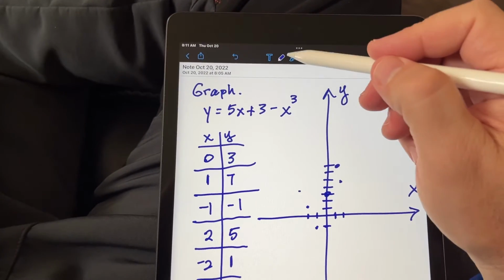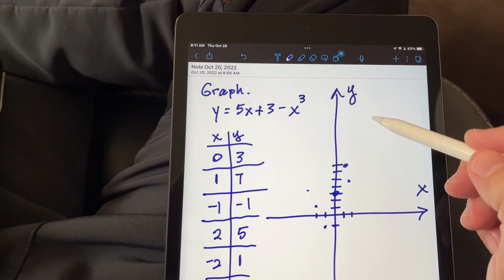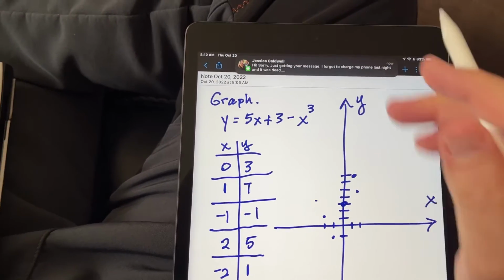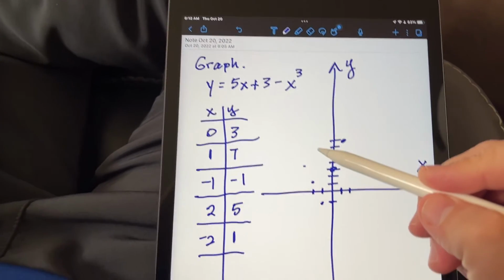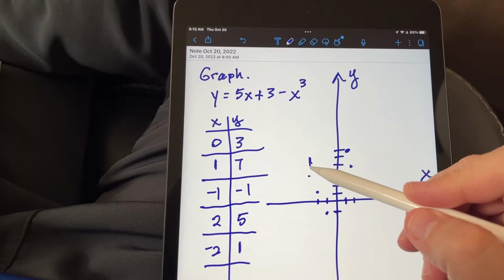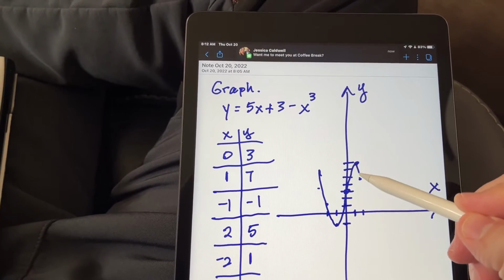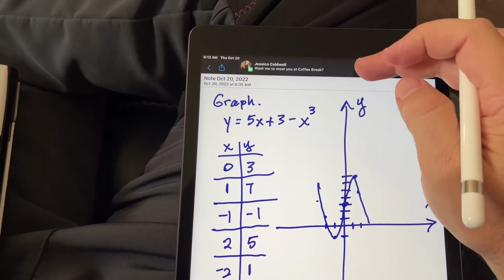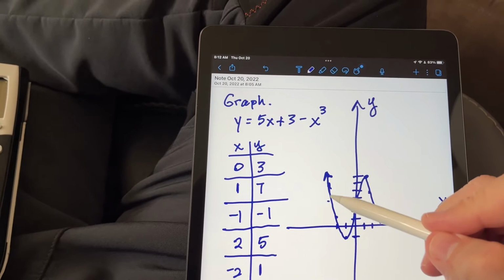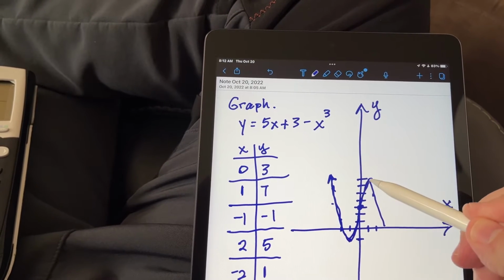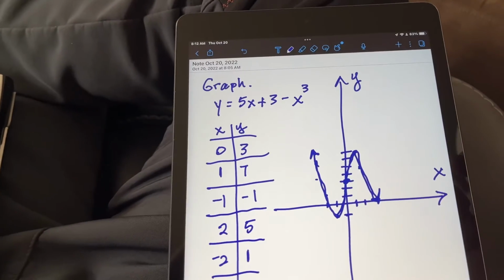Let me make sure this is going to work. So this is coming down. There we go. Coming up and then like that. So down. Yeah, kind of like that. So the graph looks like that.